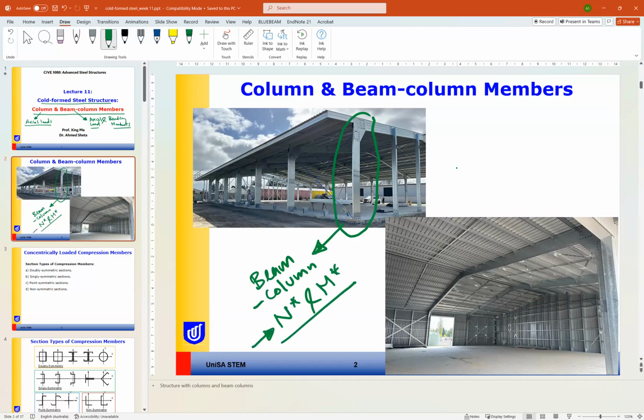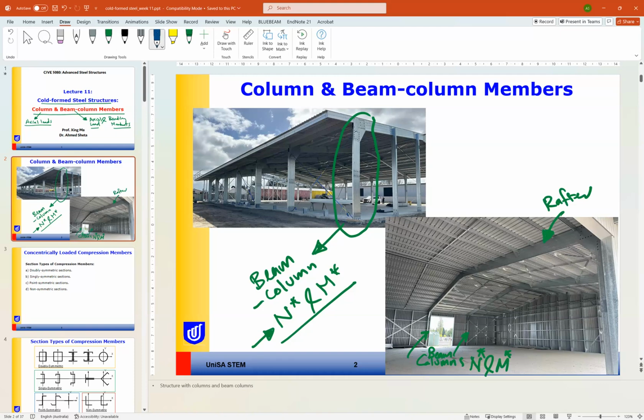In frames, most of the columns are under axial load and bending moment, and cannot be under axial load only. Beam column is just a definition that it is under N and M. And here is the rafter we designed last week.